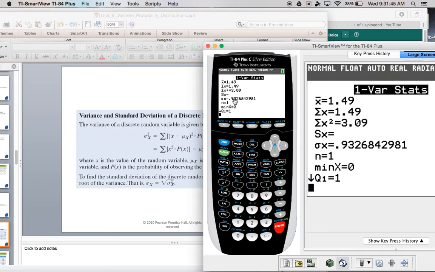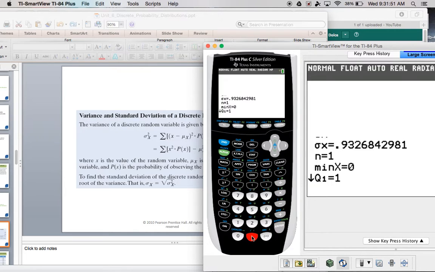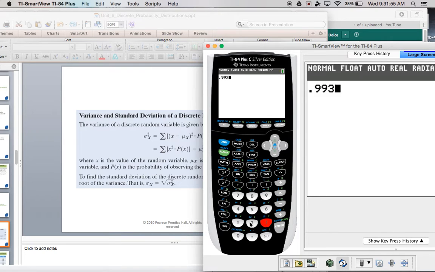It should be about 0.81, I just don't want to get off that screen. So if I square 0.9326, there's my variance.